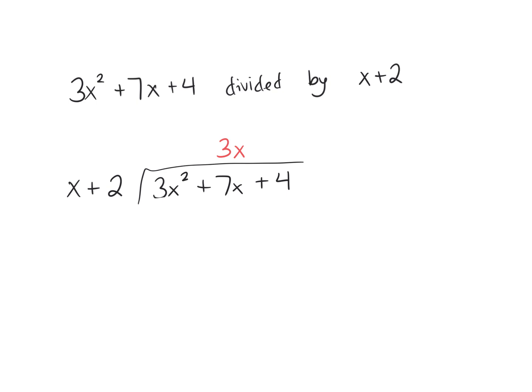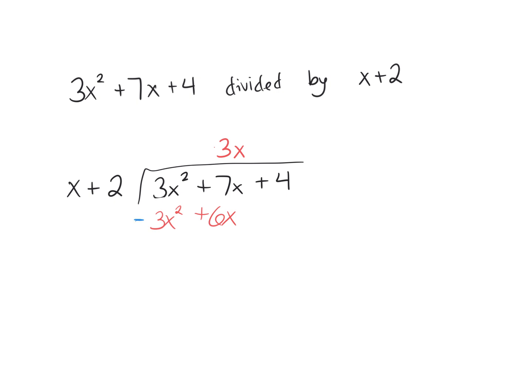Okay. Multiply. 3x times x is 3x squared. And then we're going to take 3x times 2, which is 6x. What did we do next?